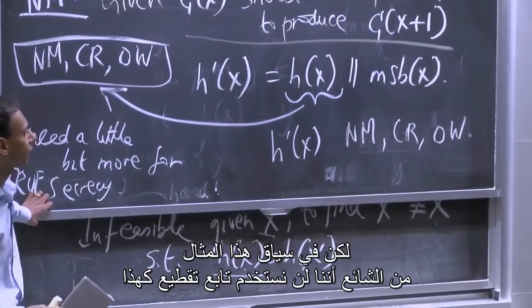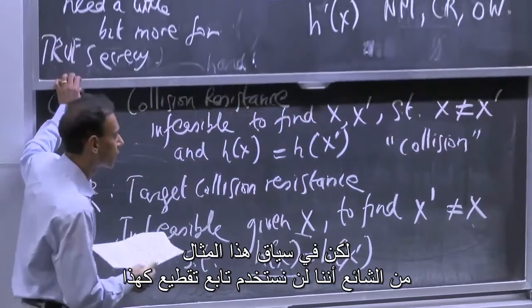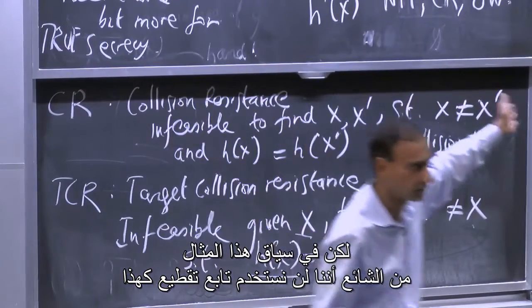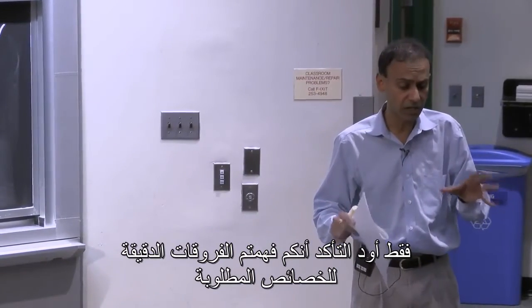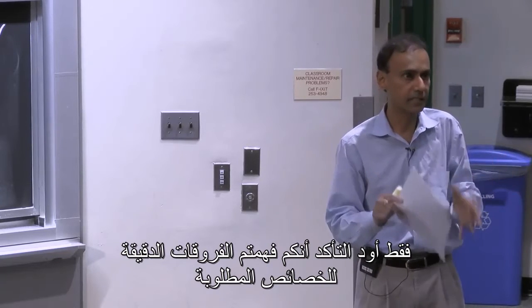But in the context of this example, it's common sense that you would not use a hash function like that, right? So it's not that there's anything really profound here. It's just that I want to make sure that you understand the nuances of the properties that we're requiring.